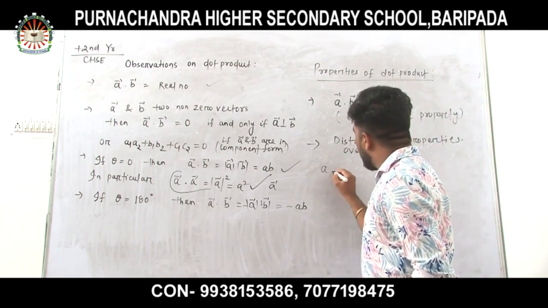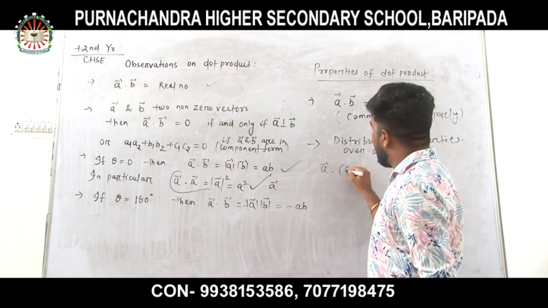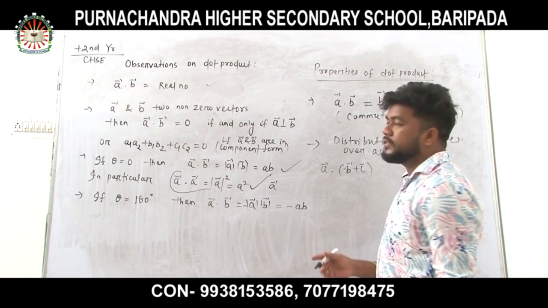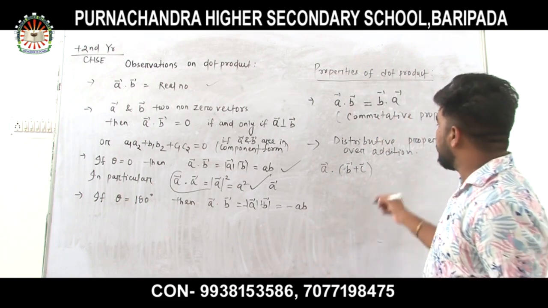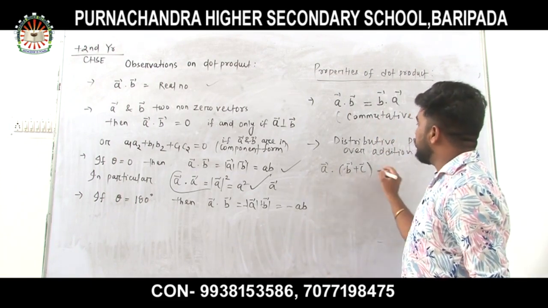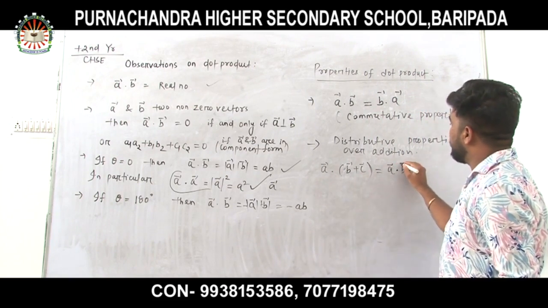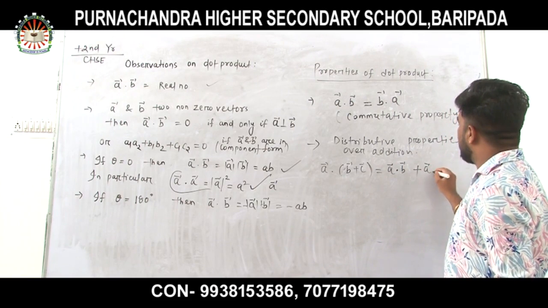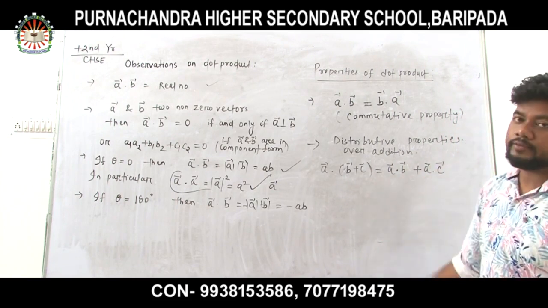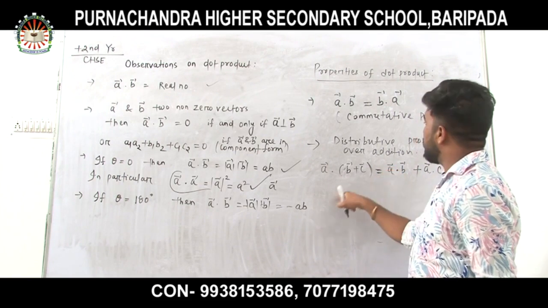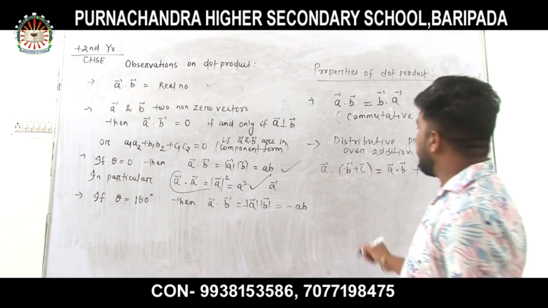That means A dot (B plus C). Let A, B, C be three non-zero vectors. Then A dot (B plus C) is equal to A dot B plus A dot C. A is distributed, so it is the distributive property.